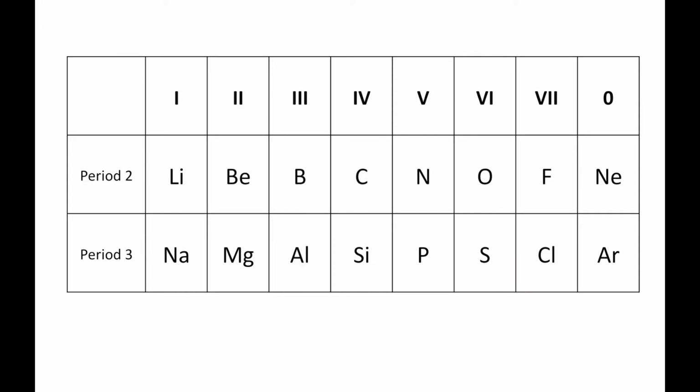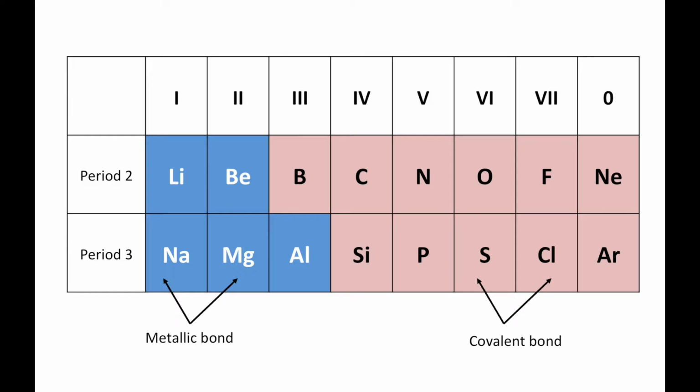And here we have a periodic table. In our discussion, we only focus on period 2 and period 3 first. I have highlighted the periodic table. You can see the elements in blue form metallic bonds, and those in pink form covalent bonds.